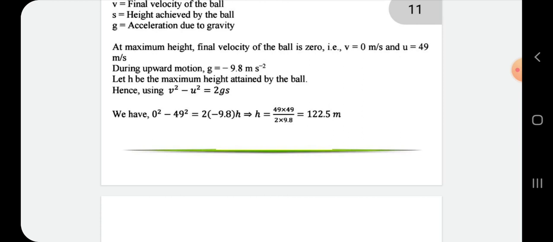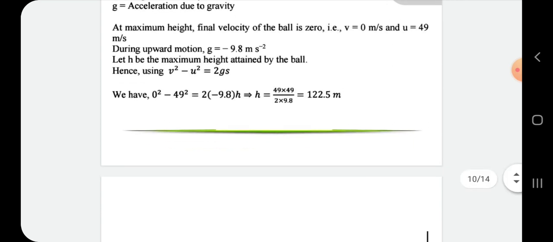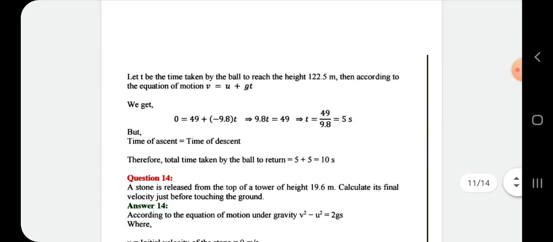Here v I'll substitute with 0, u I'll substitute with 49, so 0 minus 49 square is equal to 2 into minus 9.8 into h. Let's make h the subject. You will receive an answer 122.5 meter, which is approximately 123 meter height achieved by the ball.